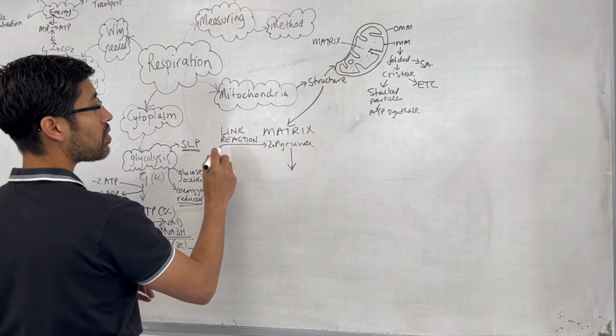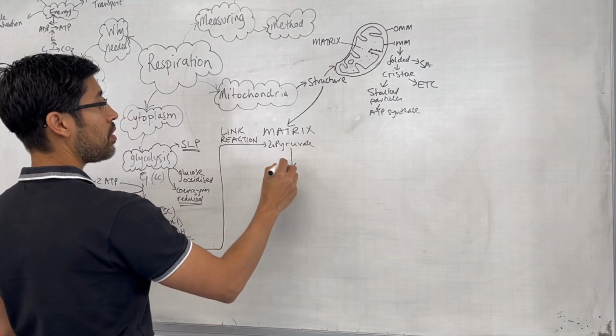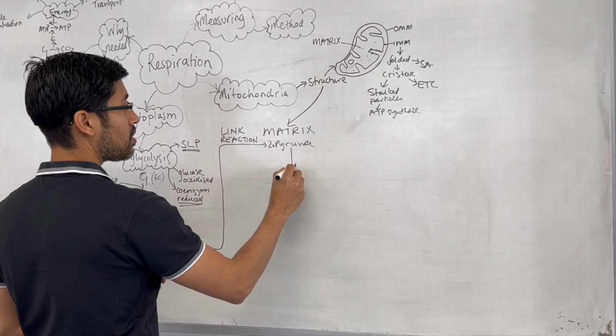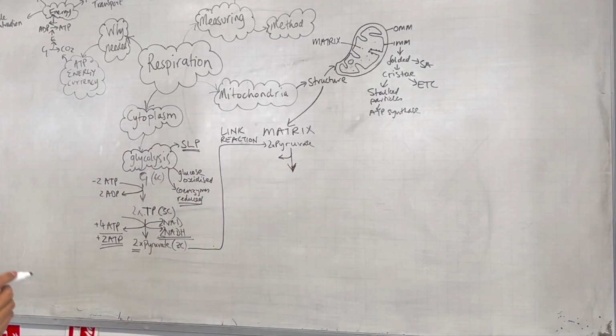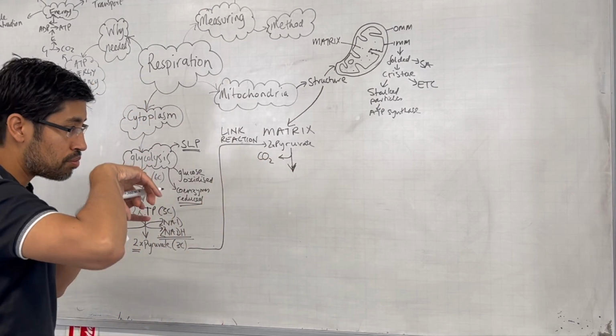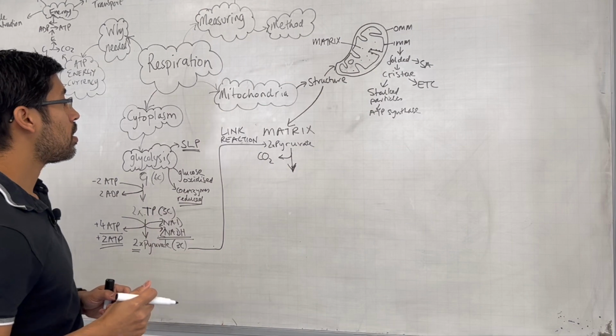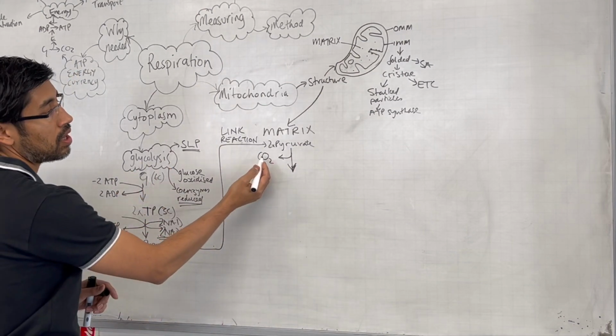Link reaction happening in the matrix, takes pyruvate, and importantly, the first thing it is, is decarboxylated. So we begin our process of breaking down the carbon skeleton of glucose. We've lost our carbon.